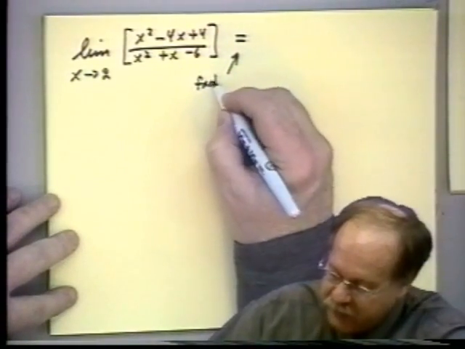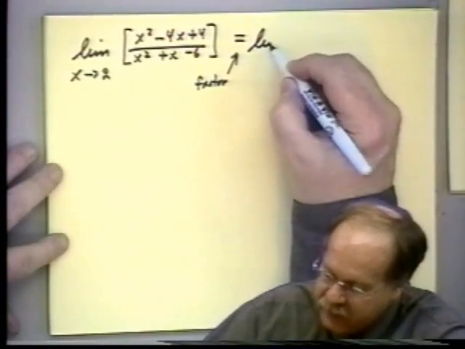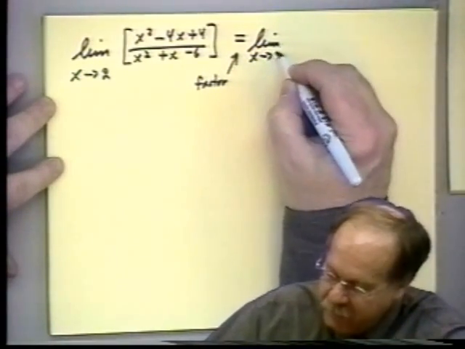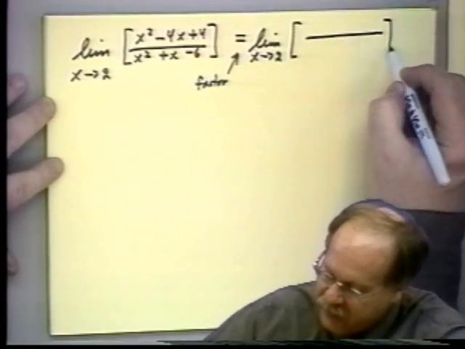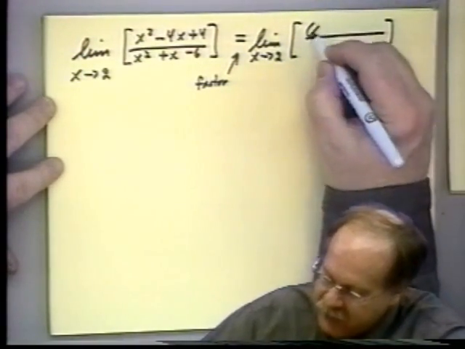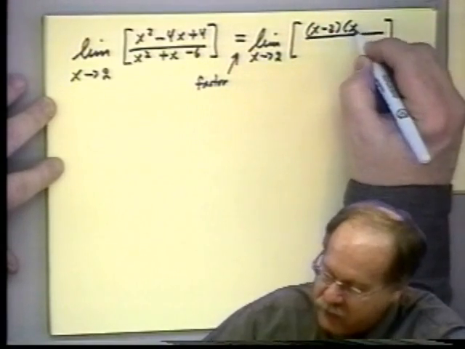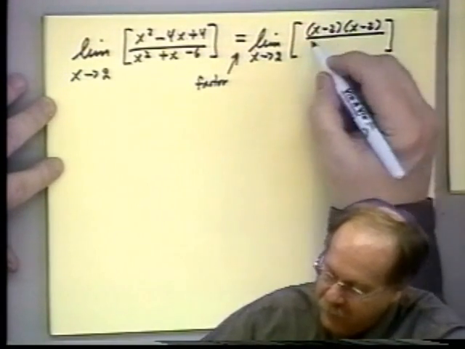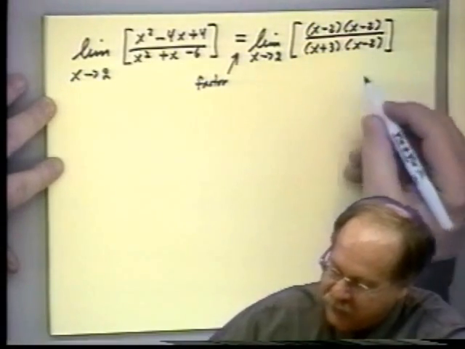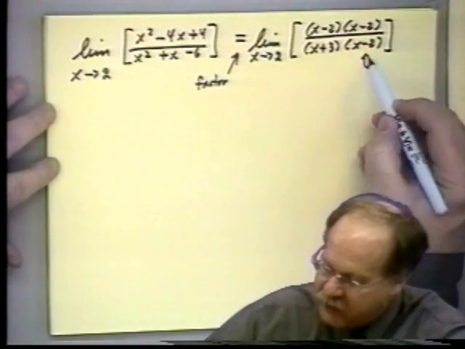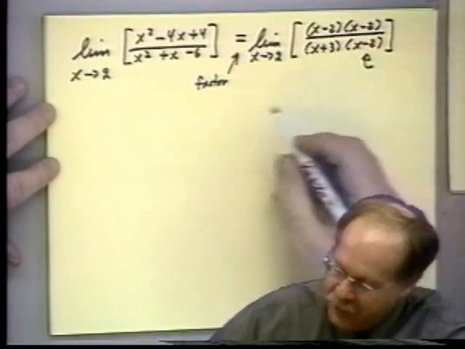That seems to be a reasonable technique at this point, so let me give that a try. And factoring, of course, doesn't always work, but when it does, it makes things nice. So the top, it looks like we'll factor into x minus 2 and x minus 2. The bottom will factor into x plus 3 and x minus 2. Well, that's interesting. I have x minus 2 on both the top and the bottom.